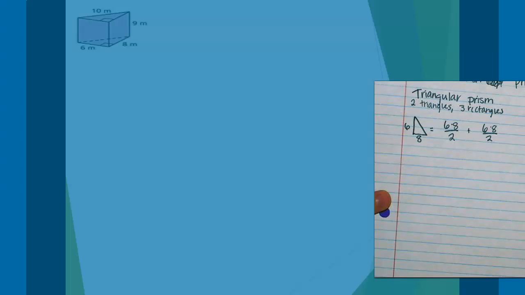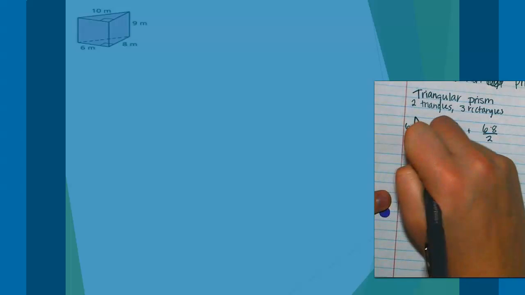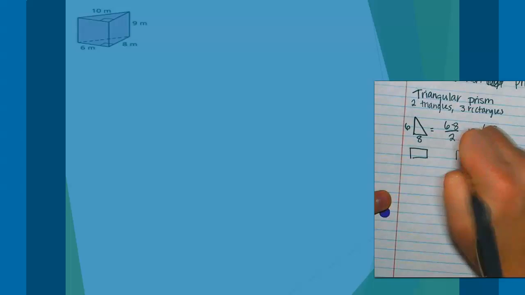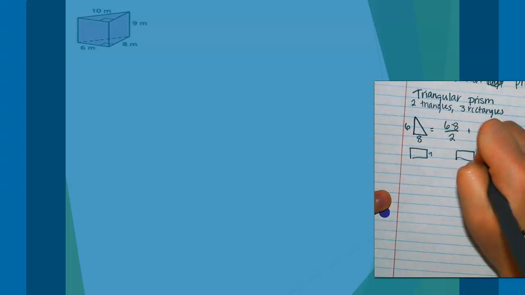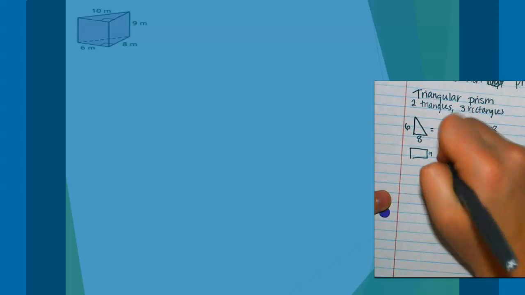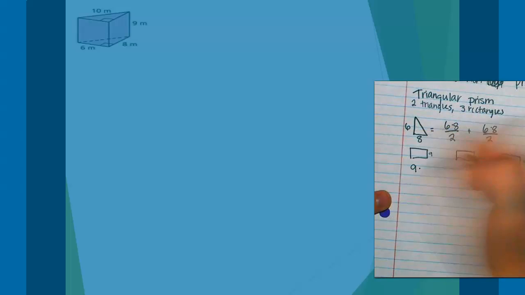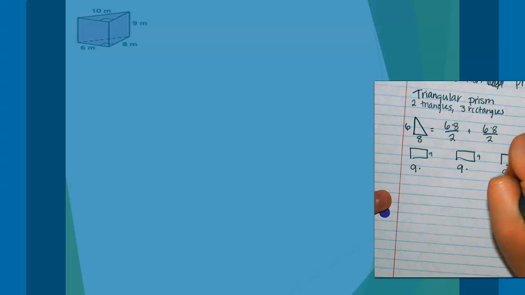Now we need to figure out the dimensions of each rectangle and solve. So each rectangle is going to have a height of 9 because the triangles are the same distance apart. So we're going to have a rectangle, a rectangle, a rectangle. They all have a height of 9. So this one will be 9 by, 9 by, and 9 by.